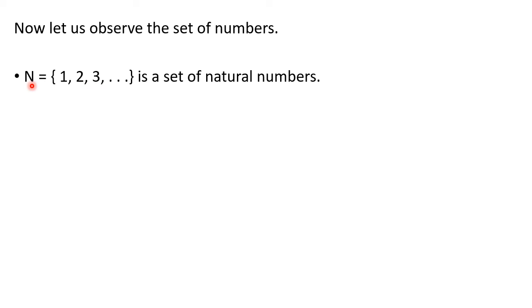So first the name of the set in capital letter, then equal to, then open brace bracket, then write down all the elements 1, 2, 3 for natural numbers. You know that natural numbers are innumerable, uncountable. They are never ending. So that is why dot dot dot is put. That means this set is never ending. And finally you have to close the brace bracket. So this is how we denote the set.